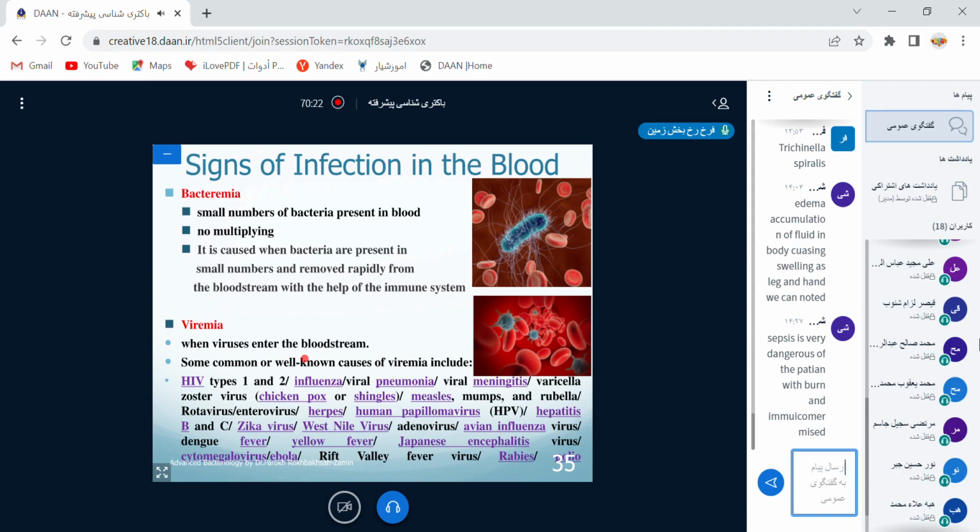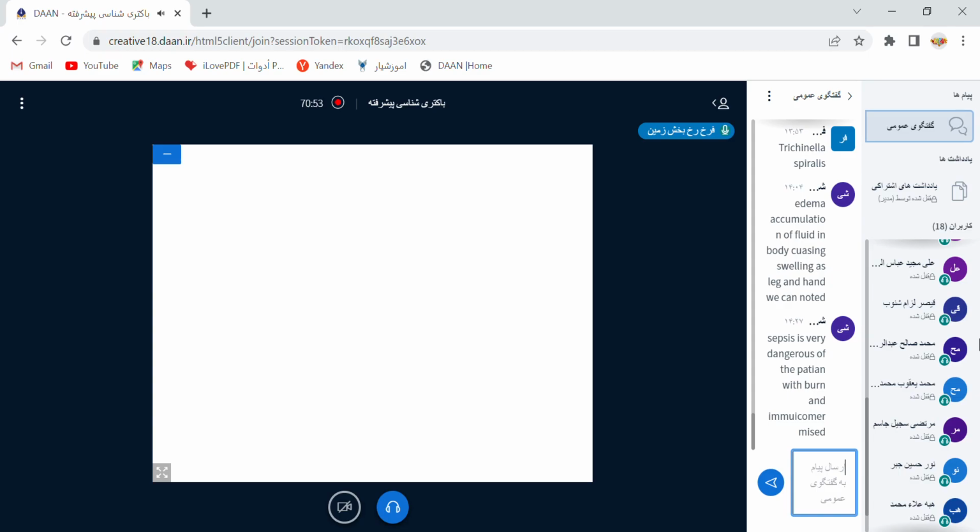But in septicemia, all the pathogens can multiply in the blood, but in viremia, blood is only a device for transfer from one part of the body to another part, and they don't have any multiplication in the blood. Okay? Unless the target site is the blood.